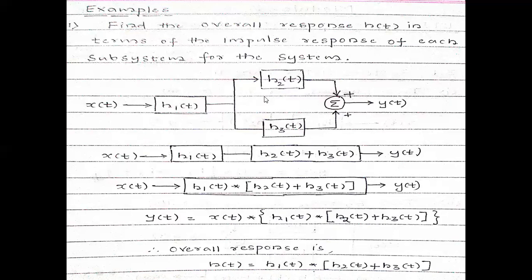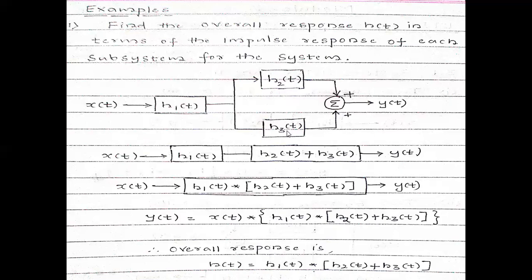Now, see here, H1 of t is connected to two systems having impulse responses H2 of t and H3 of t, which are connected in parallel. So now let us determine the overall response of these two systems connected in parallel.